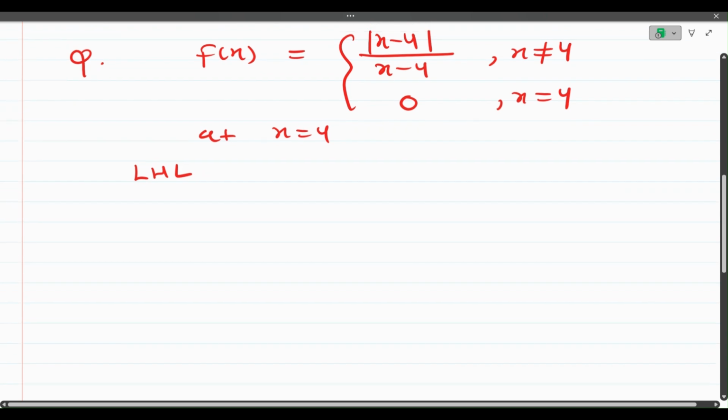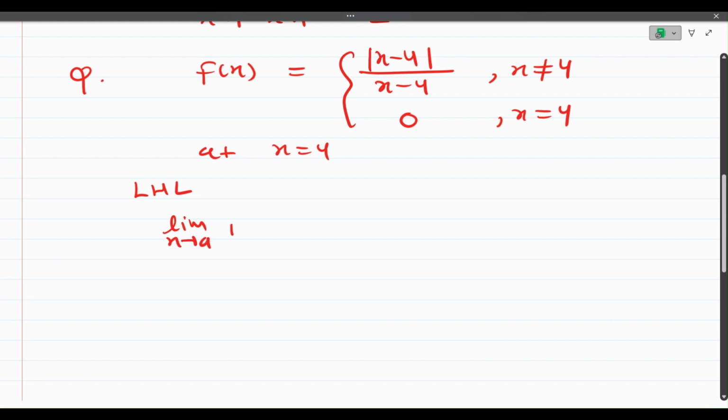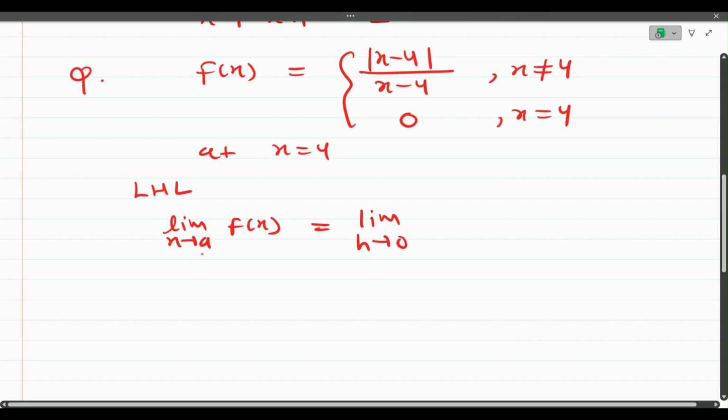So there are certain steps to find the left hand limit. Suppose it's a function f of x and we want to calculate its left hand limit at a. What we'll do is first substitute x tends to a from the left side with h tends to 0, and we'll write f of a minus h.